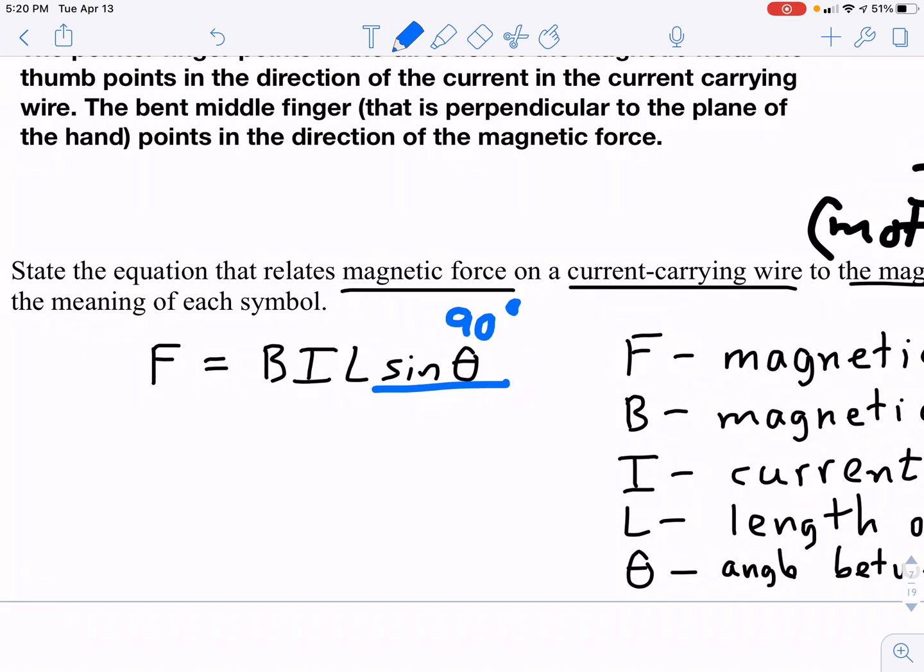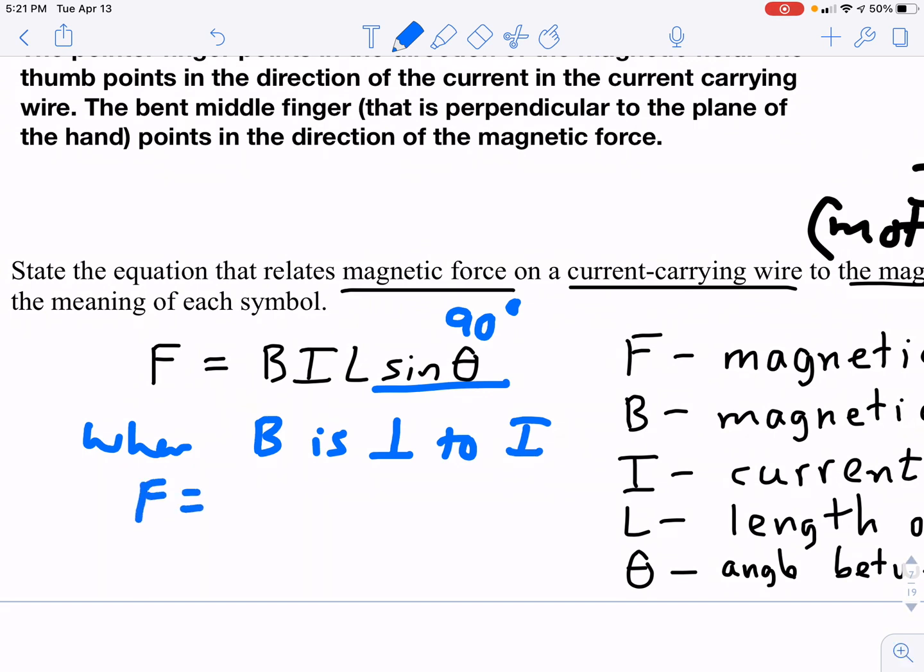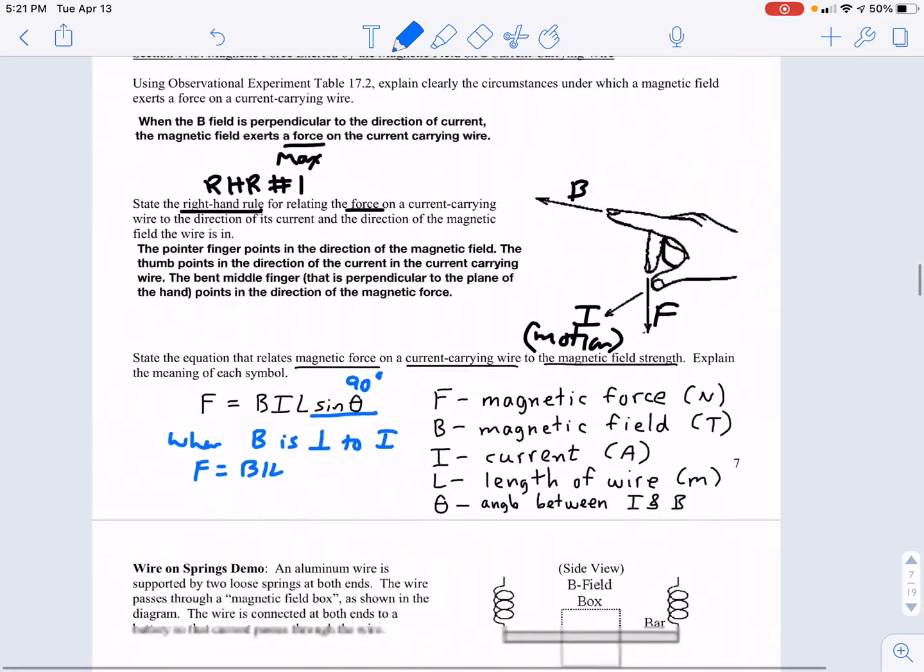So when the field is perpendicular to the current, F is equal to BIL, because BIL sine of 90 is 1 times BIL, which is just BIL. So the equation shortens to that when the field is perpendicular to the direction of motion.